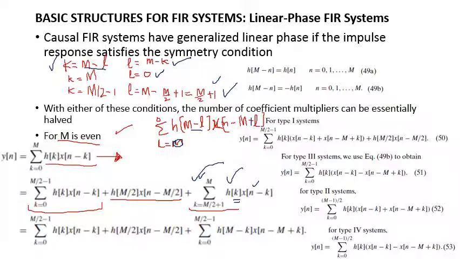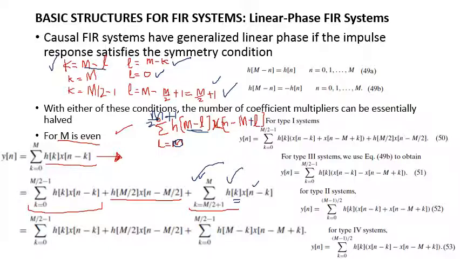So lower limit is 0, upper limit is this one, right? Again, I can change the variable of summation. If I replace l by k, it shouldn't affect anything, right?